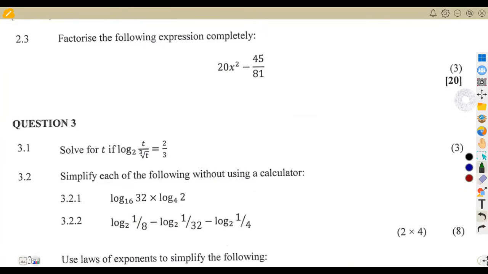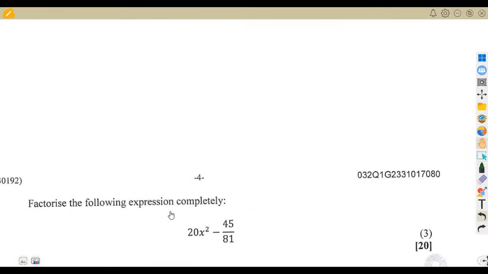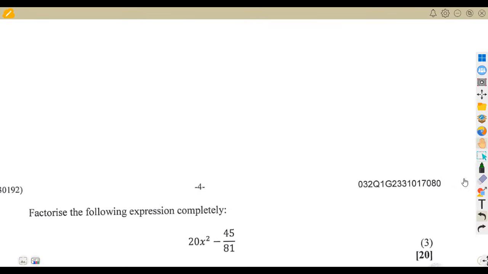In 2.3, we are now given: factorize the following expression completely. Let us see what we're supposed to have here. They are actually playing with us, because this part can be simplified. If you check on your calculator, this was an exact term.